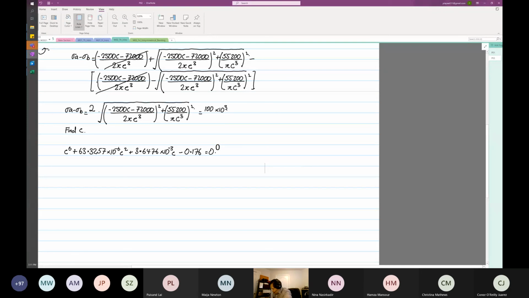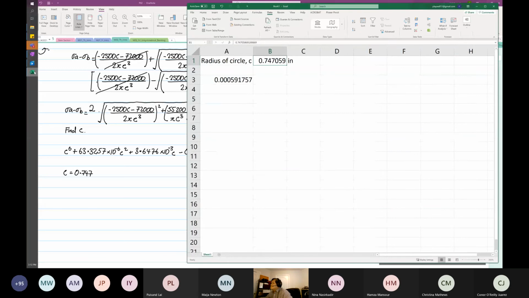So we realize here that C is equal to 0.747 inches. Let me be sure.